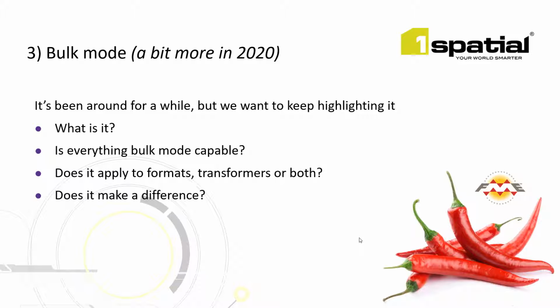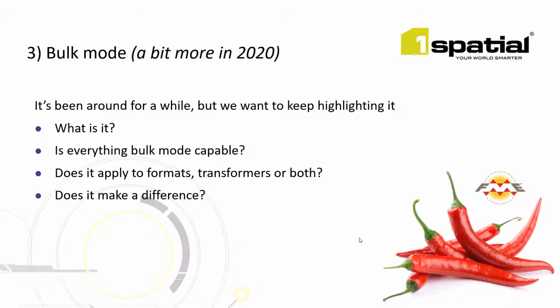Bulk mode, very simply, is where FME is able to pass features through your process without necessarily carrying a whole lot of metadata or schema information with every individual feature. You can send a bulk batch of features through a workspace knowing collectively about their schema rather than individually.